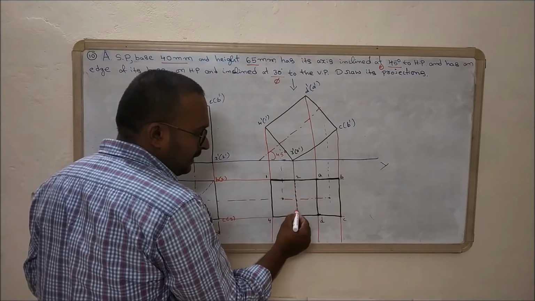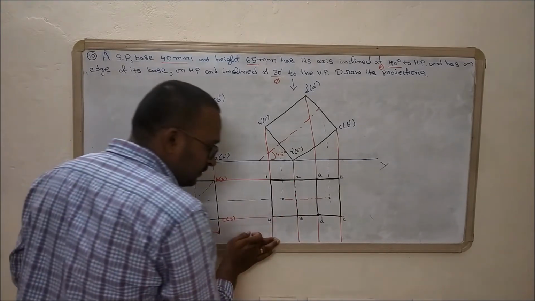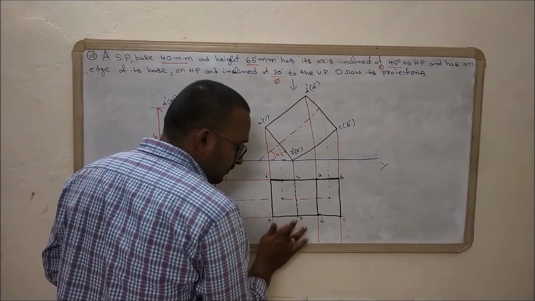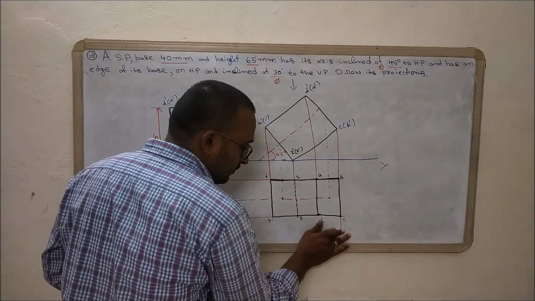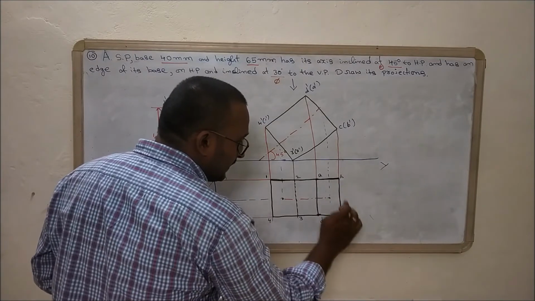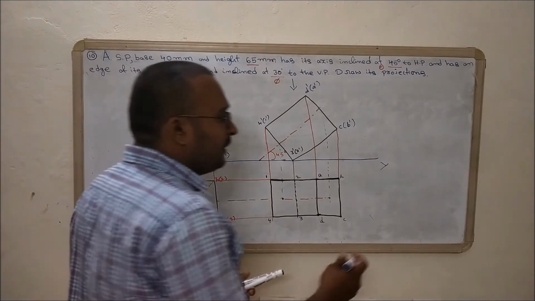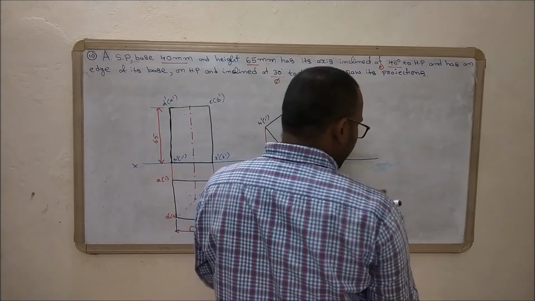But here it is the hidden line. So always extra lines must be erased. Thereafter we need to go for the final stage of the problem.